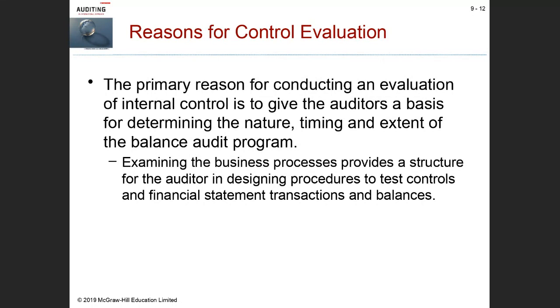If internal control is weak, we have to do more substantive procedures. But the only way we can determine if internal control is strong or weak is to identify the internal controls which are relevant for the auditor and then test them, to see if they're actually working or not. So as we gather that audit evidence about the internal control system, it affects our decision about substantive procedures. Specifically, it affects the nature and the timing and the extent of the substantive procedures.